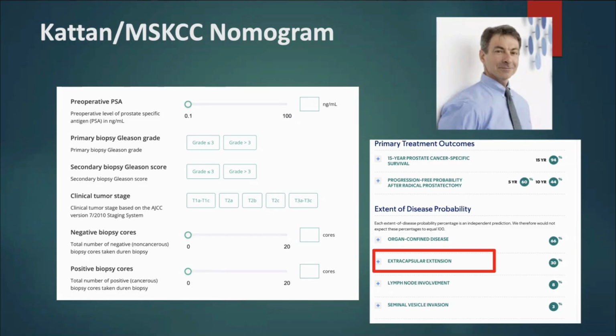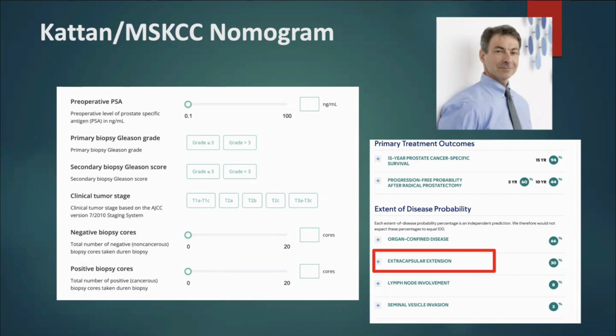It does give some slightly different outcomes in terms of primary treatment outcomes, and relies on a bit more pathological detail, so primary and secondary biopsy score, and also number of negative and positive cores. But again, it does predict extracapsular extension. Again, it doesn't offer a side-specific readout.